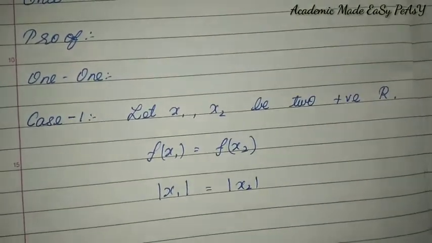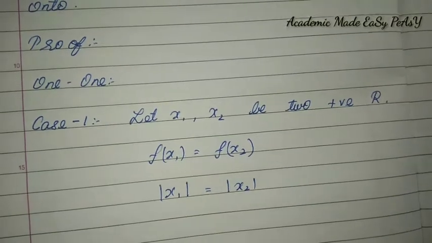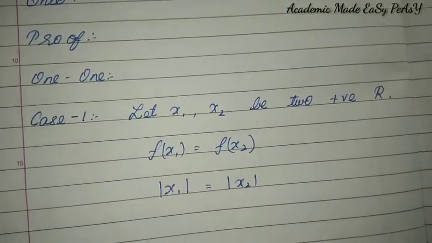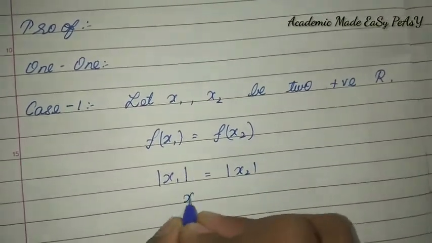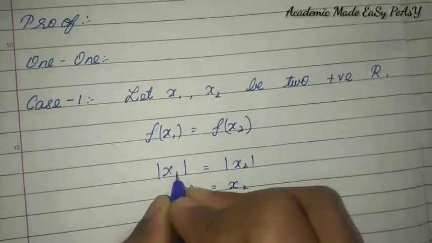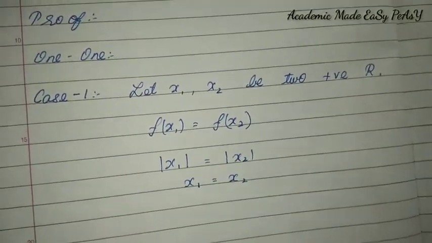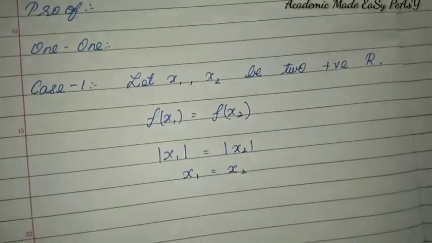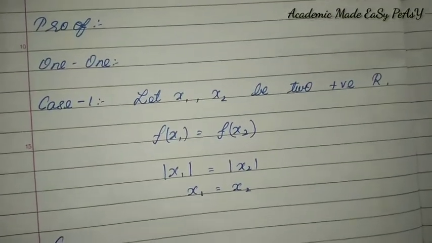Okay, it is already given in the question that mod x is x if x is positive or 0. We have already said it is positive. Then we will get x1 is equal to x2. Now, we cannot conclude with this because already I said we have to take three cases.